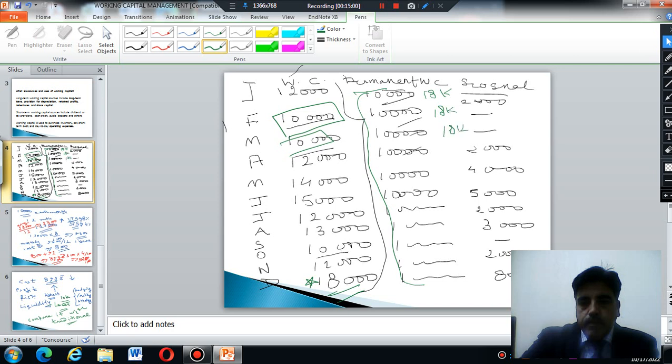No matter that in 1 month only 10,000 is required, you are accumulating, or trying to get 18,000 everywhere. Only this way you do not have any working capital shortage. The traditional way is a bit different from the hedging concept. In the next slide, we will discuss the concept of the traditional strategy in order to maintain the working capital.